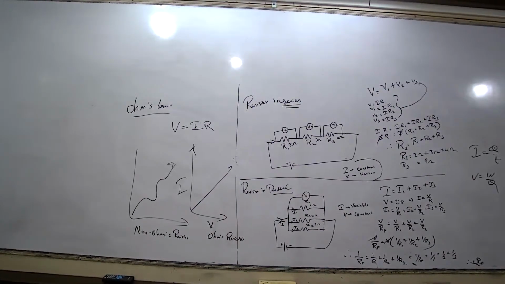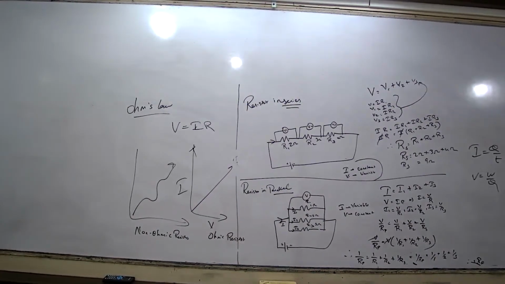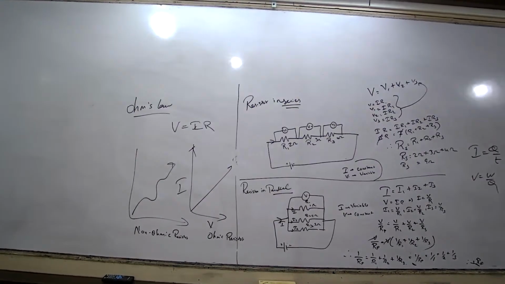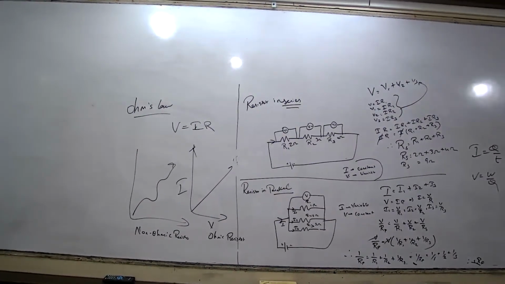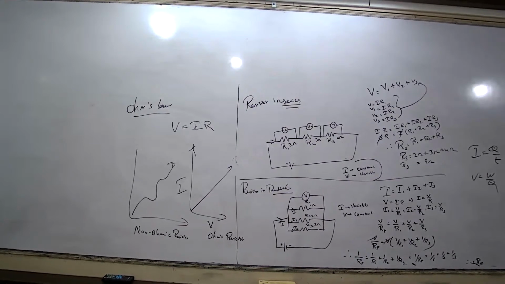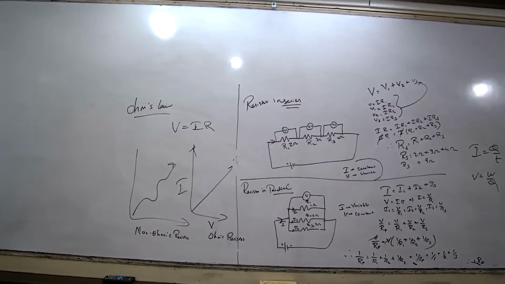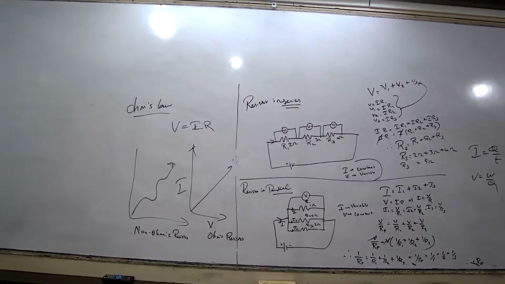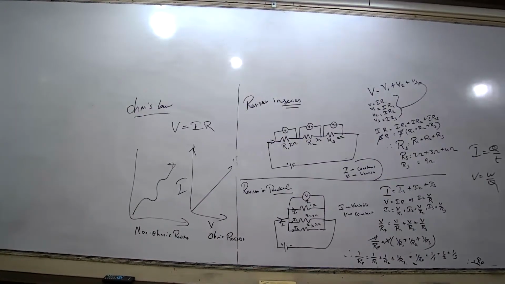So work done is what? Unit of the work is what? Joule. And charge is what? Coulomb.